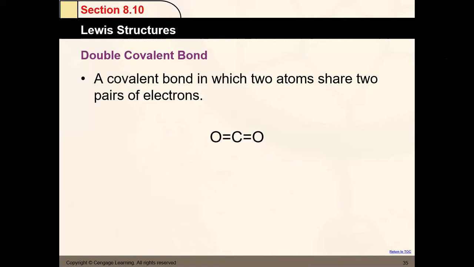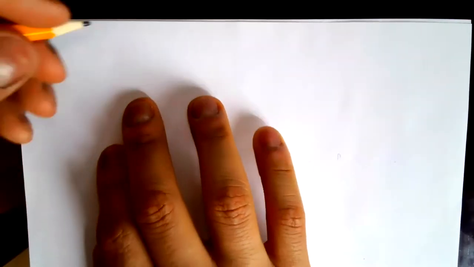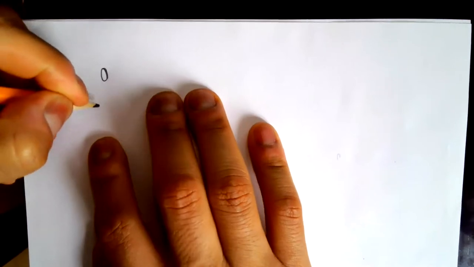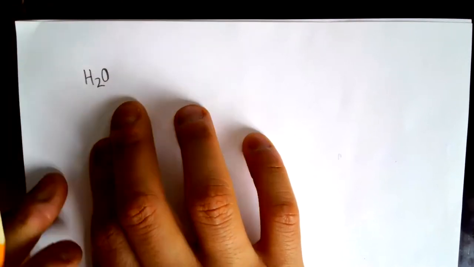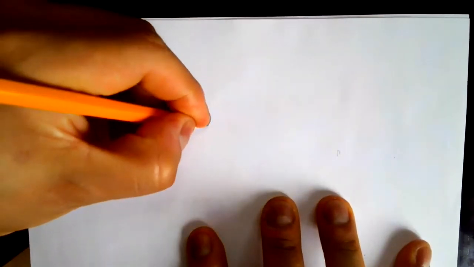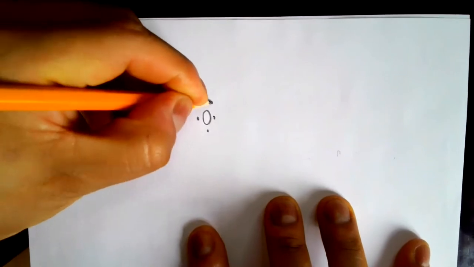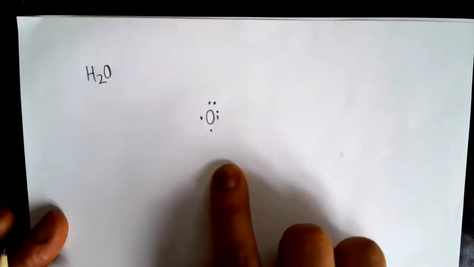So for that, I will do an example. They tell me that hydrogen and oxygen get together, or they tell me to draw the structure of water. So I have oxygen, which has 6 valence electrons, 1, 2, 3, 4, 5, and 6, right?